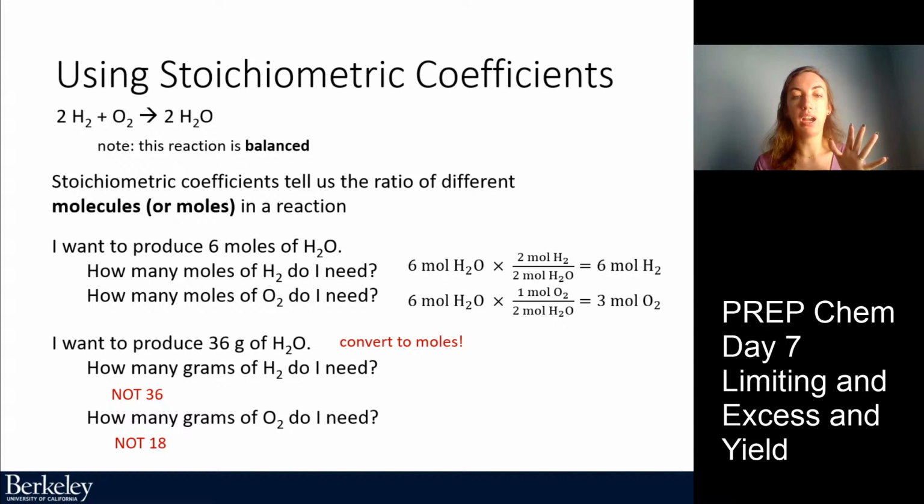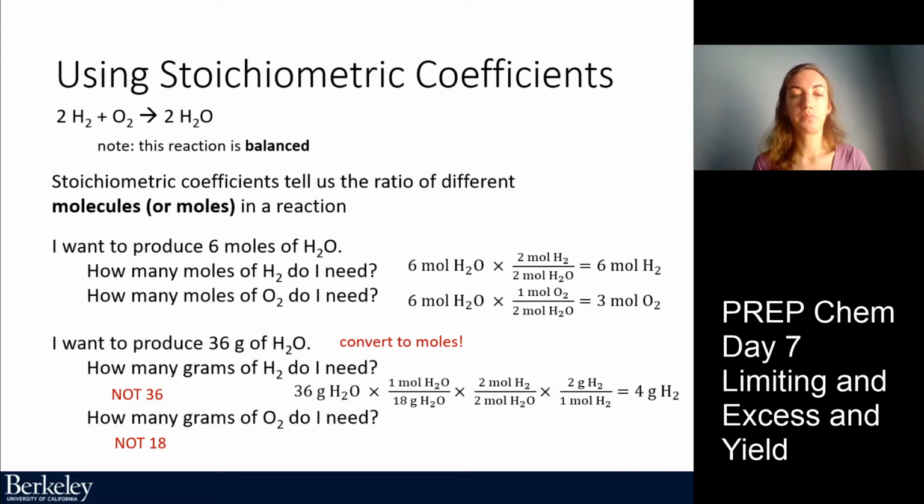I'm going to go through how to solve this one in one step pretty quickly. But if that's confusing, on the next slide, I'm going to break it down into a lot more steps. So don't panic. What we need to do is take our 36 grams of H2O and convert it to moles using its molar mass.